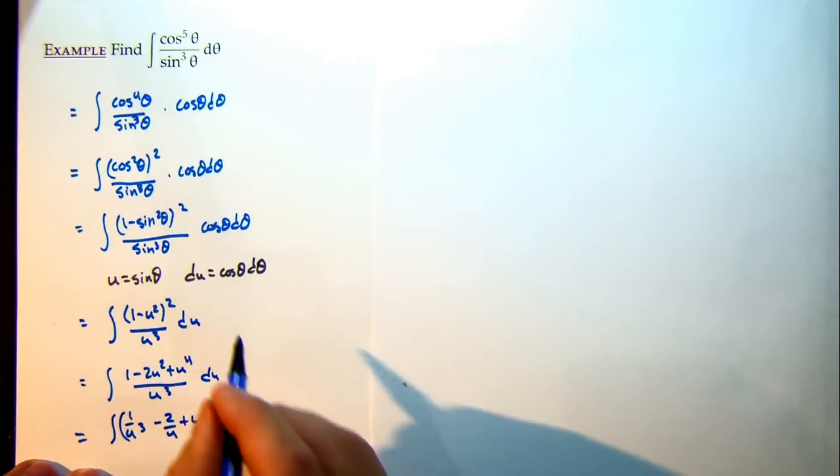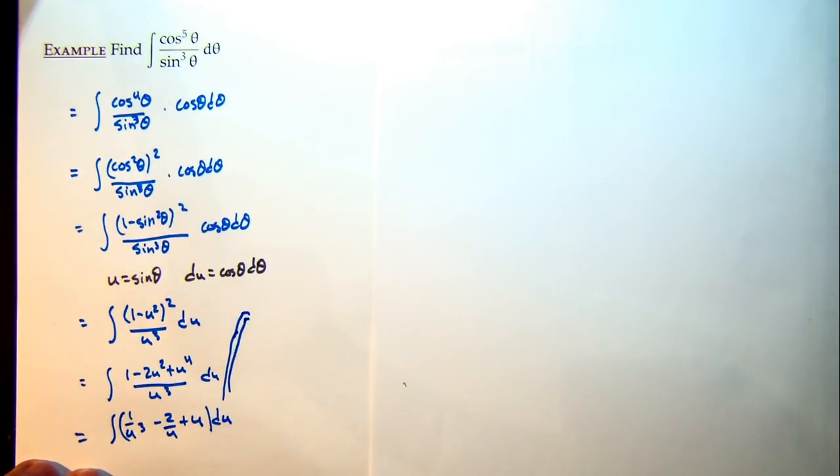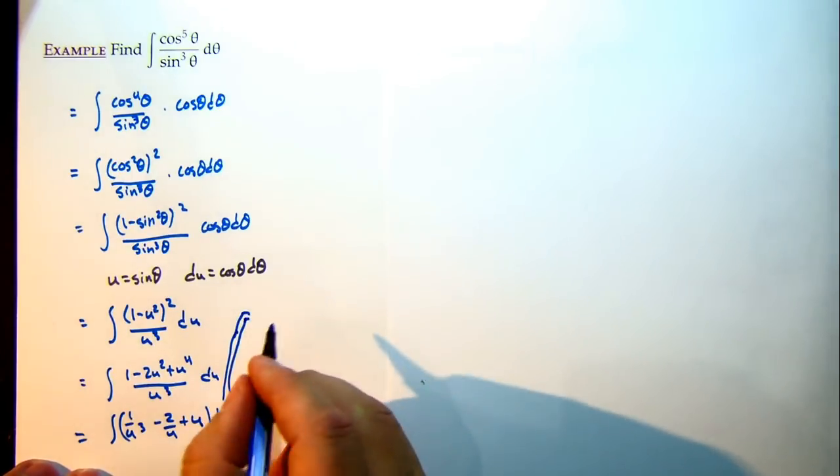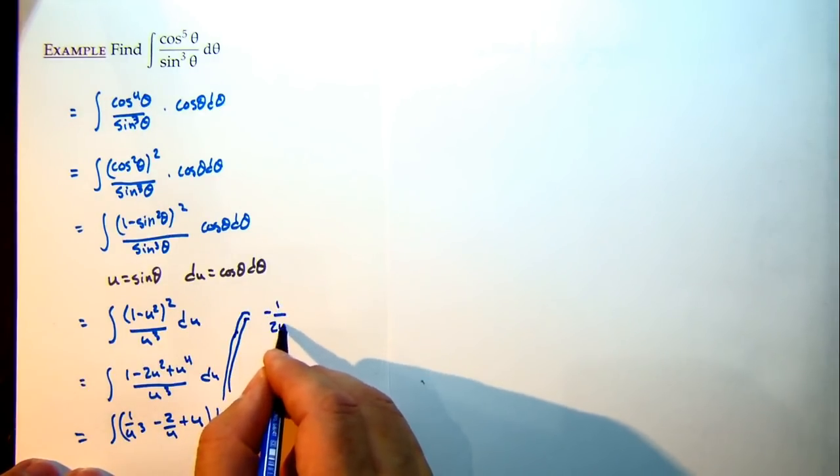And now we're almost done. I did not plan well, so let's see if I can squeeze it in. The integral of 1 over u cubed, we actually did this earlier, so that's minus 1 over 2u squared.